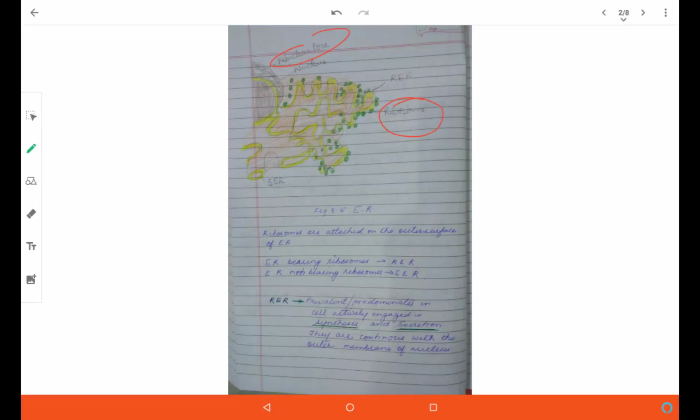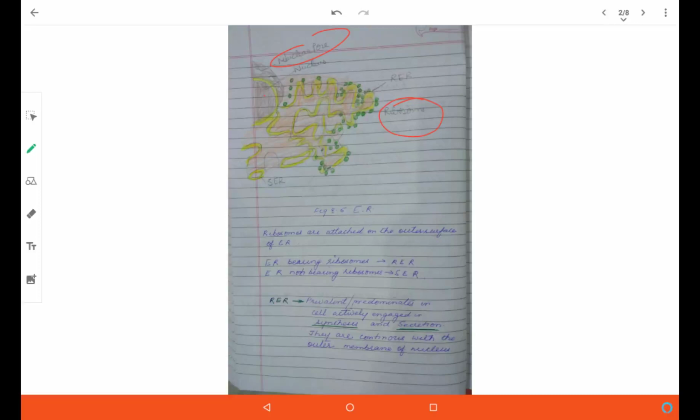Ribosomes are attached on the outer surface of the endoplasmic reticulum. Those endoplasmic reticulum which associate ribosomes are termed as rough endoplasmic reticulum, but some don't associate with ribosomes. They are called smooth endoplasmic reticulum.